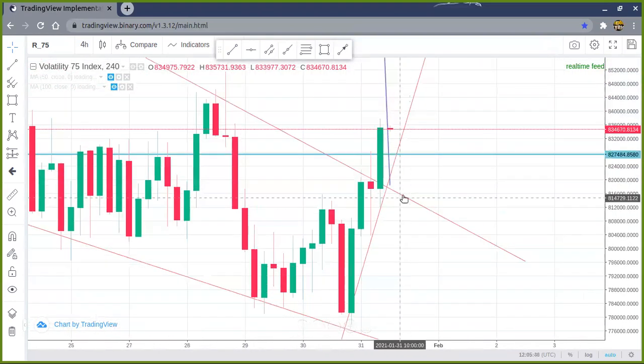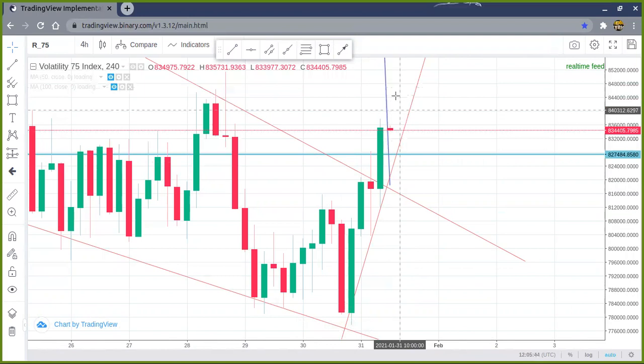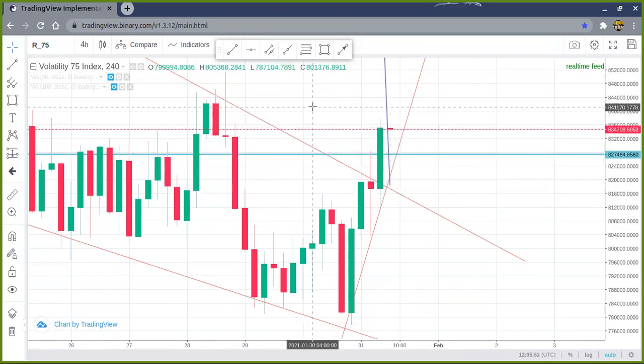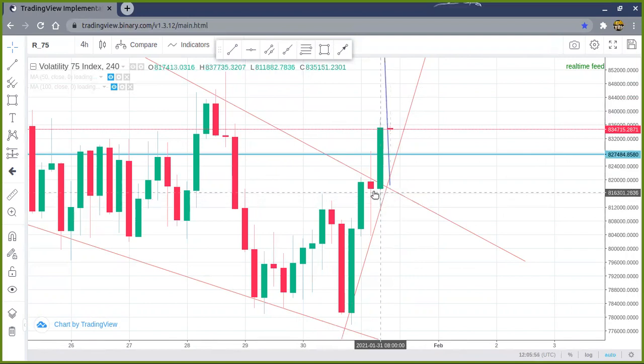So possible rejection on this trend line. There's not a major trend, it's just a breakout. So we're just seeing a possible move to this trend line so that we can take our trade up. And then our stop loss will be under this price action. So our stop loss can be here.